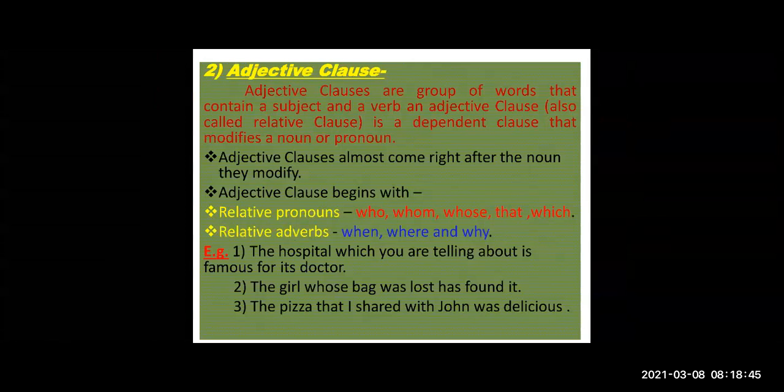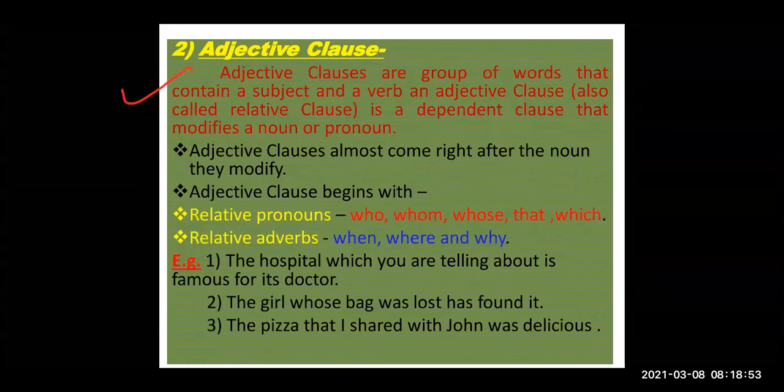Now, the next type we are going to see is the adjective clause. Just let's see the definition of an adjective clause. Adjective clauses are groups of words that contain a subject and a verb.